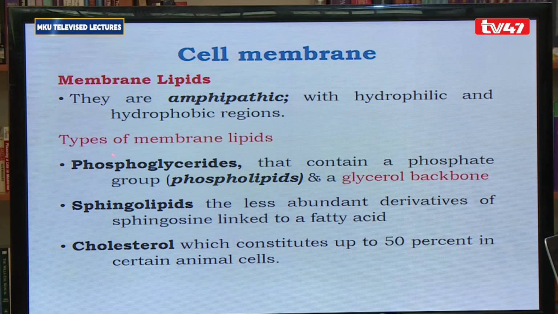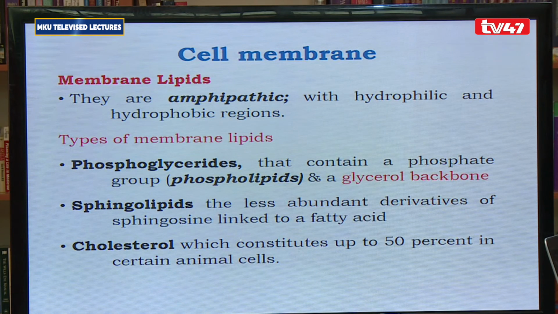So, like we said, membrane lipids are amphipathic, meaning they are both hydrophilic and hydrophobic. And the components, as we said, they're made of phospholipids, but there are three main types of lipids that make up the membrane. There's the phosphoglycerides, which are phospholipids which have a glycerol backbone.